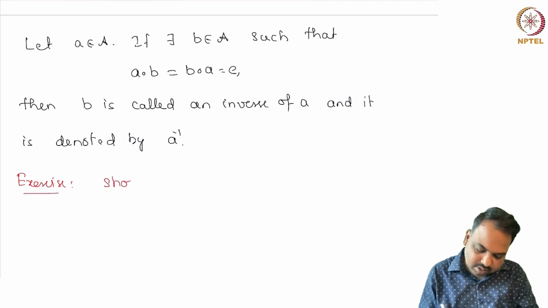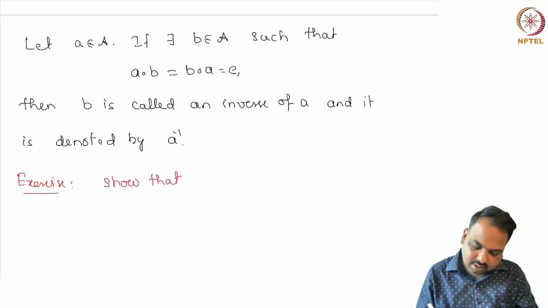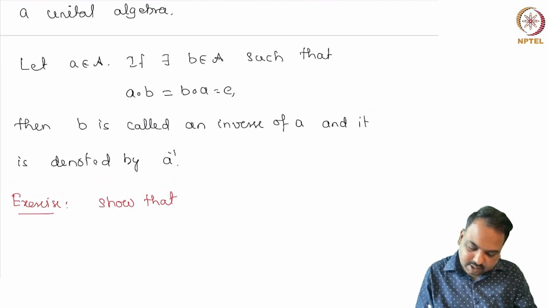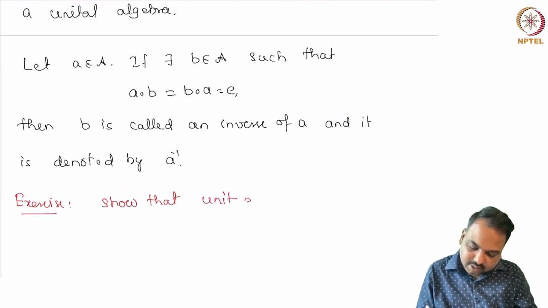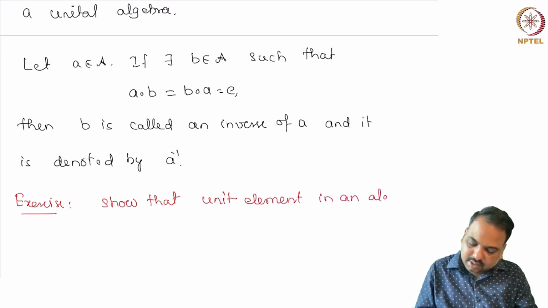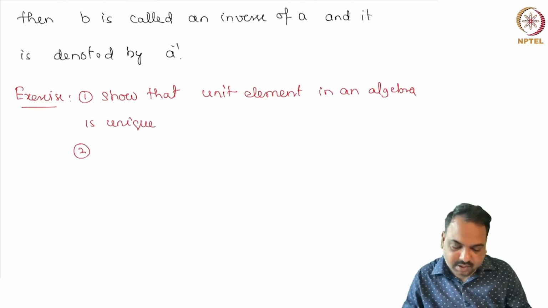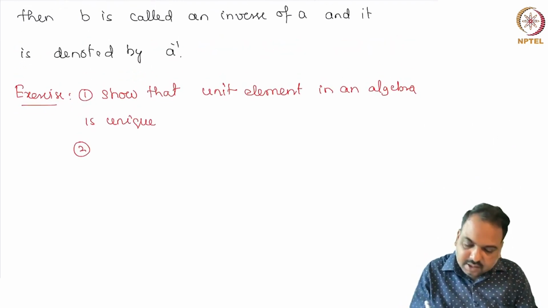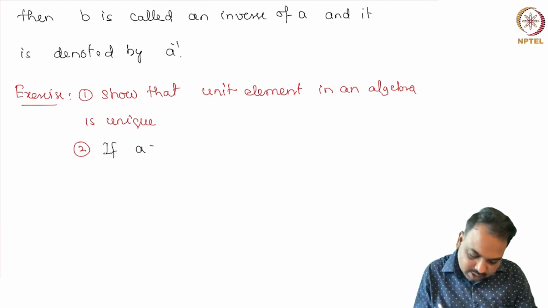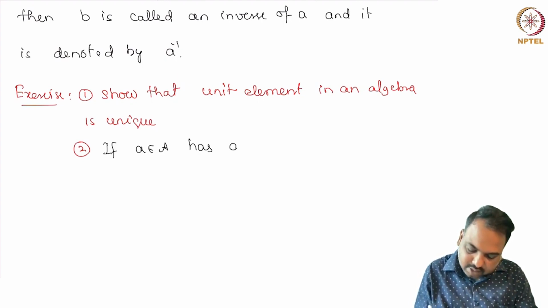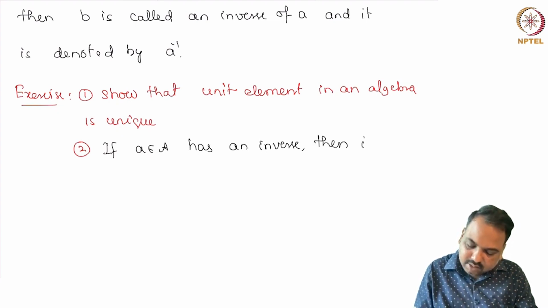Show that the unit element in an algebra is unique. The second observation is that if A has an inverse, then it must be unique.